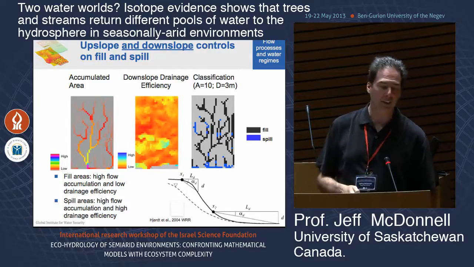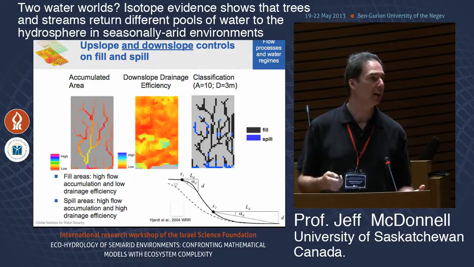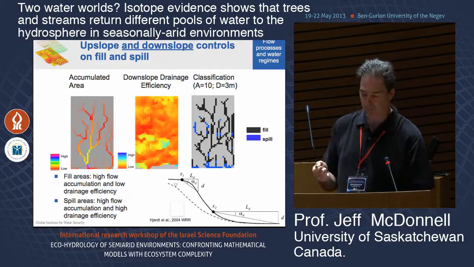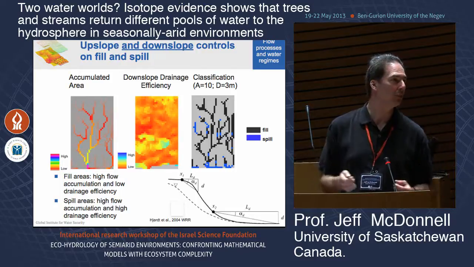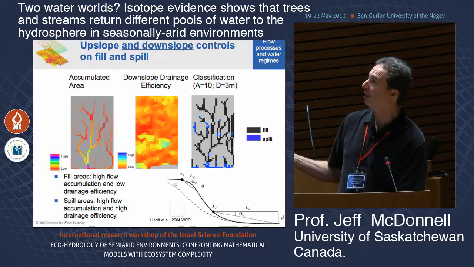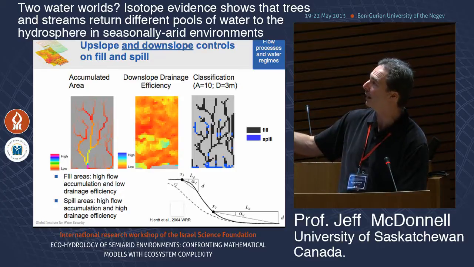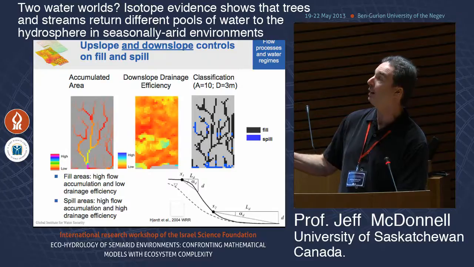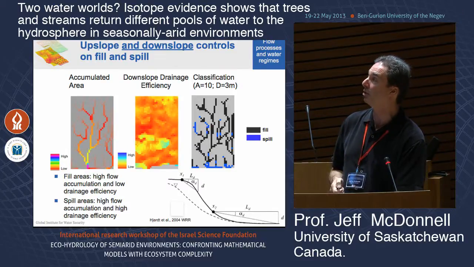And the two together, I think, are a very useful way to classify this kind of filling and spilling, which I think are key elements of more of a hill slope scale flow theory that we might ultimately build towards, where the fill areas are these areas of high flow accumulation and low drainage efficiency, these black areas, which are now the classified image based on the upslope index and the downslope index, and the spill areas are the high flow accumulation and high drainage efficiency.